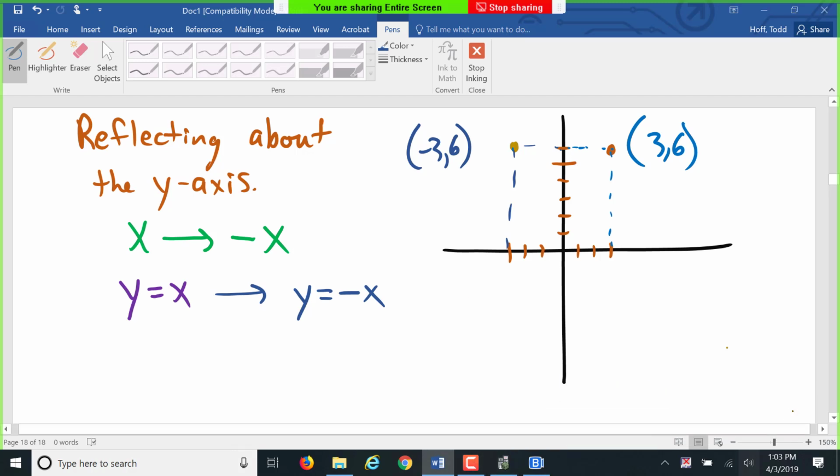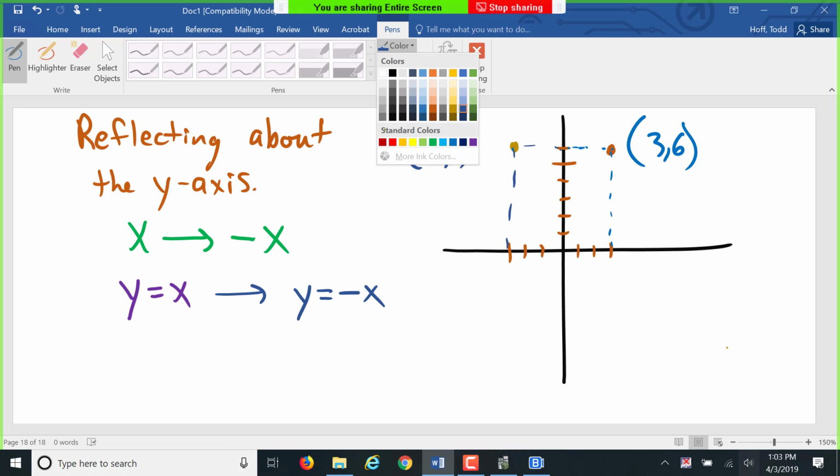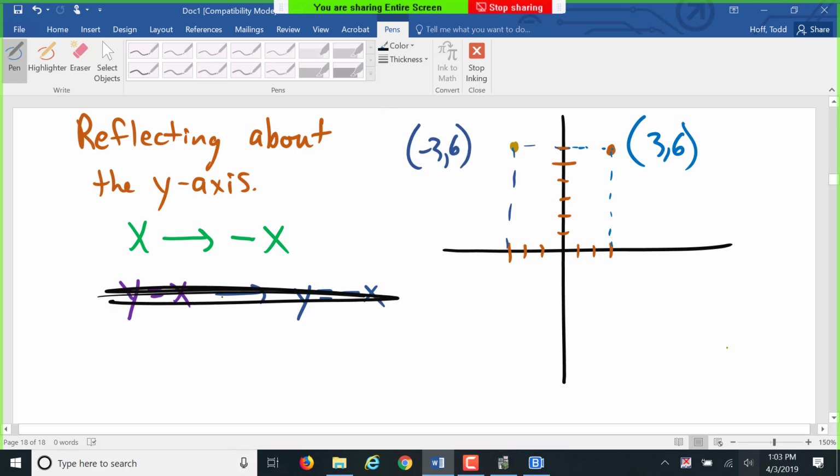So what I really should do is this. Rather than using y equals x as my notation, I should use f of x equals x. And to reflect about the y-axis, it becomes f of negative x.